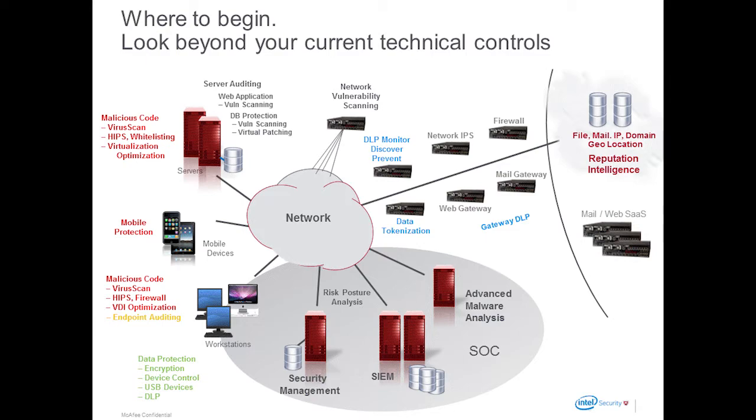So we've got to start thinking beyond the current technical controls and start thinking about the processes, the procedures, and the requirements. We also need to recognize that security is a process, and you have to begin somewhere.